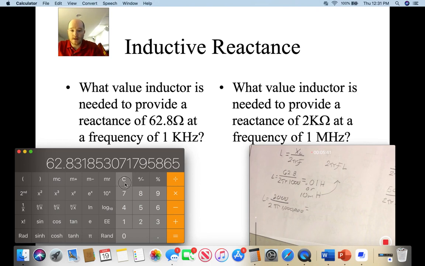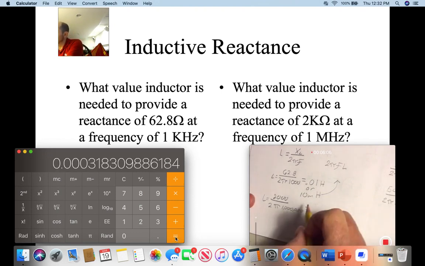So let's go ahead and clear this out. So we'll take 2,000 divided by, I'm going to close up my parentheses, 2 times pi times 6 zeros. All right. I'm going to close up my parentheses, and I'm going to hit equals.